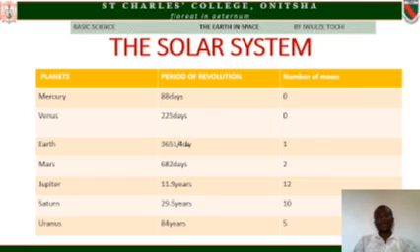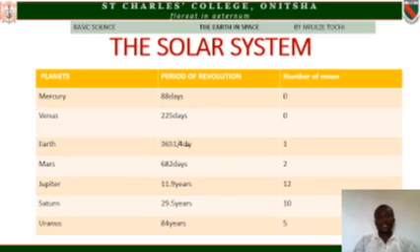Mars, it used to take Mars 682 days for it to go around the sun. And Mars contains 2 moons. Jupiter, it used to take Jupiter 11.9 years. And Jupiter contains 12 moons.